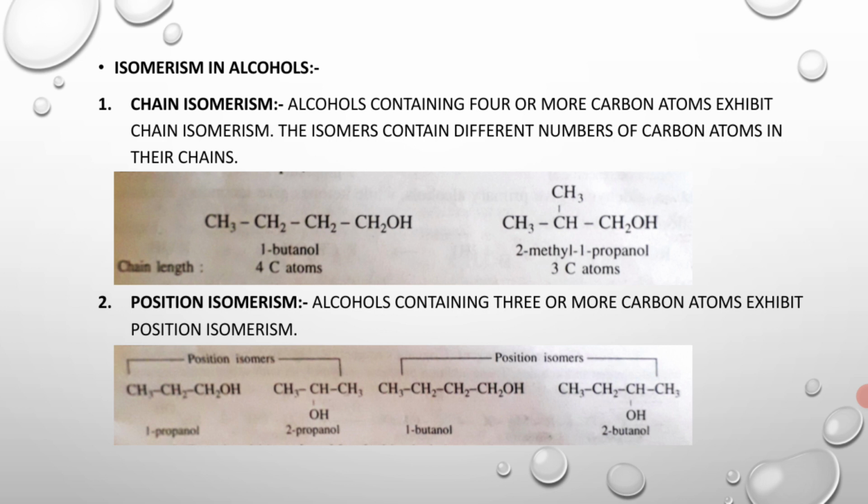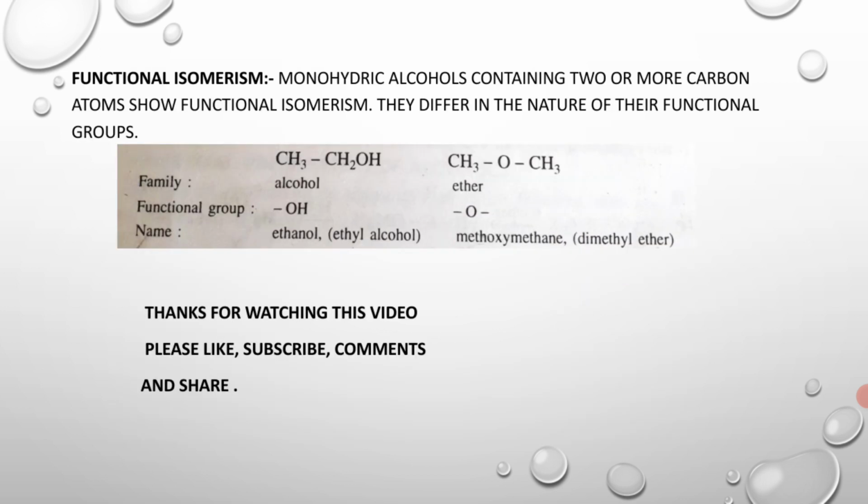Similarly, we have functional isomerism. Finally, monohydric alcohols containing 2 or more carbon atoms show functional isomerism, that is by changing some of the atoms present in a particular organic compound, we can change its functional group, and it gives functional isomerism, of a different nature of organic compound.